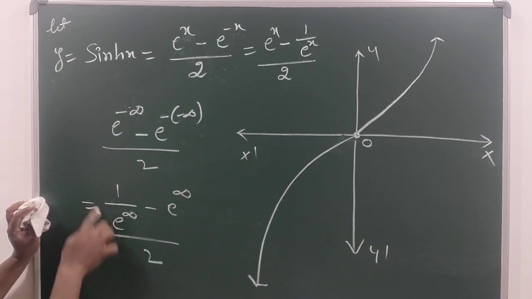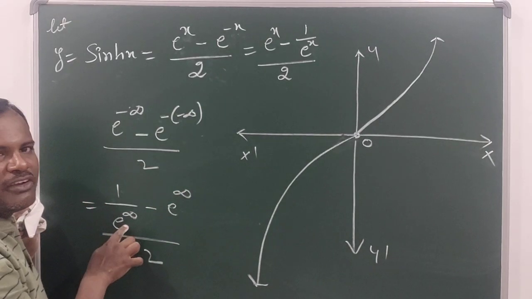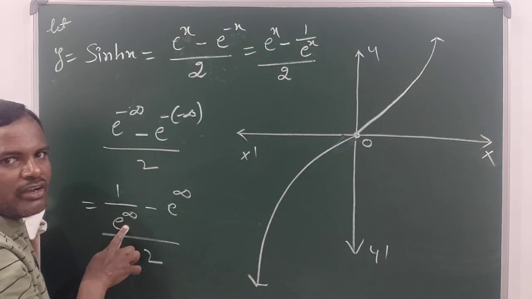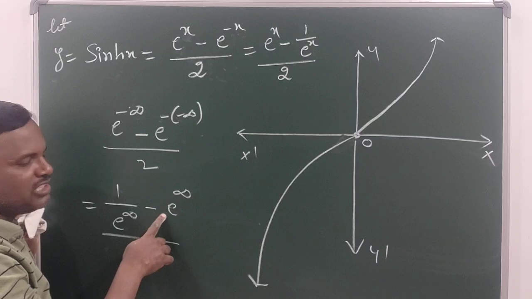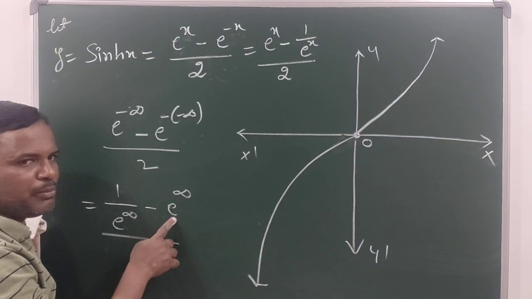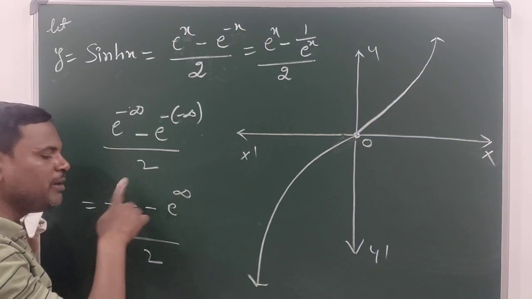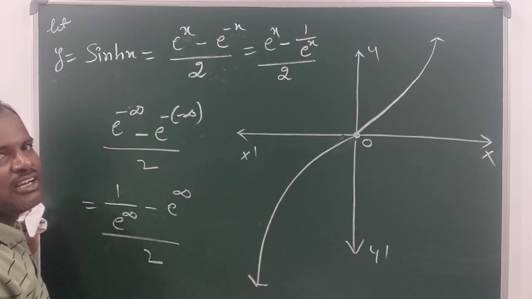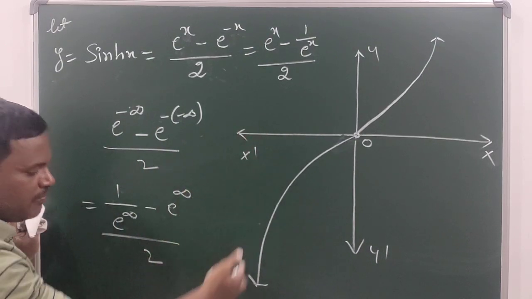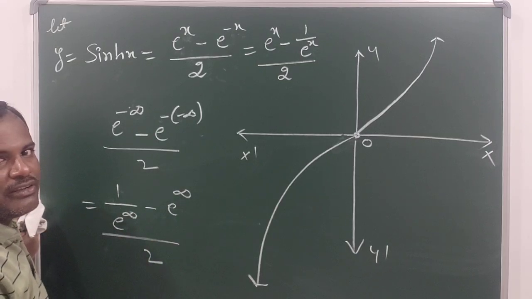This part becomes 0 because 1 by a very big value becomes 0. What is left is minus a very big value by 2, which is infinitely large in magnitude. So it reaches negative infinity in the range.